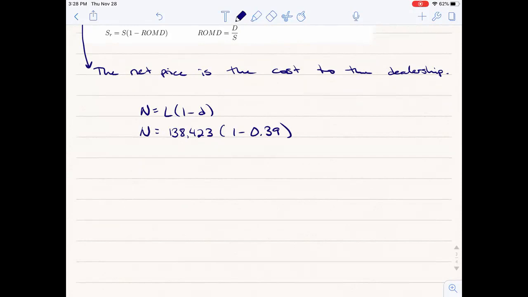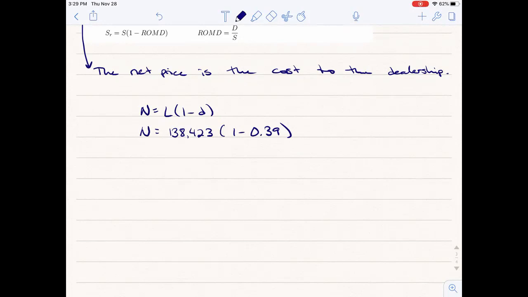I do remember seeing some illegal math on test 1. You have to solve the 1 minus 0.39 before you can multiply it, right? You don't want to go this one times this one and then subtract 0.39. That's going to give you the very wrong answer.